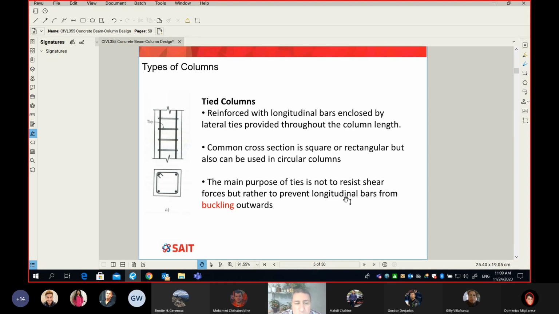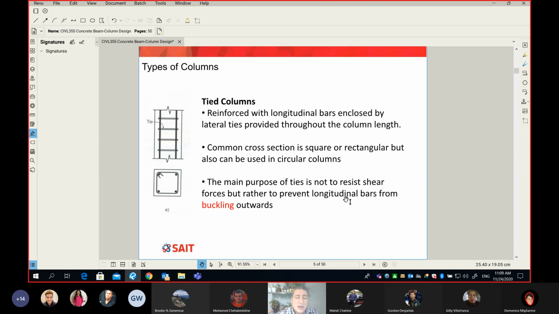But really, the importance of the ties, not really for shear in columns. I know they increase the shear capacity of the column, but why do we add them to every single column, even a column with very little shear force? It is simply to prevent the vertical bars from buckling for the total length of your column.